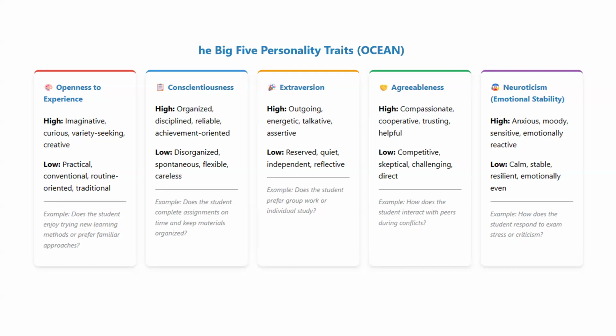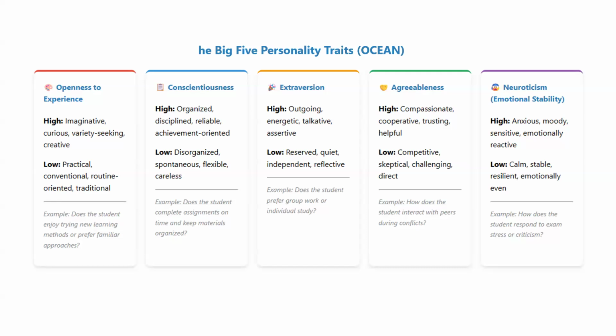Conscientiousness means they are highly organized. They are well disciplined. They follow time and discipline. Reliable, achievement-oriented. They want to achieve something in their life. They are organized and they work for that. They are low in disorganization; they don't like it.